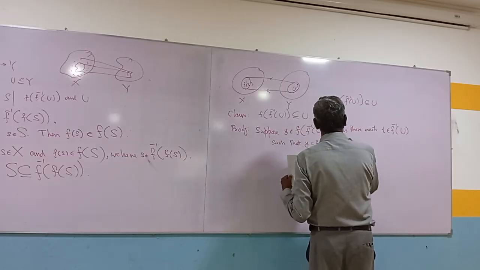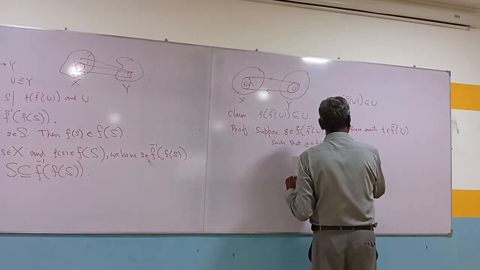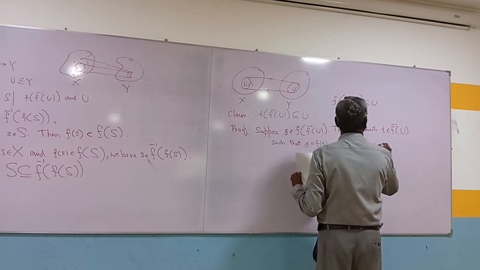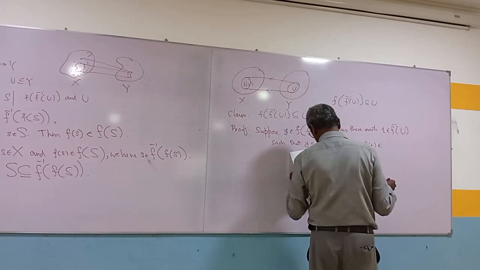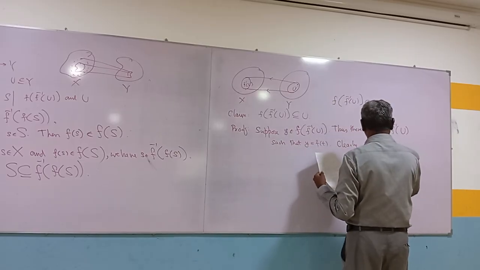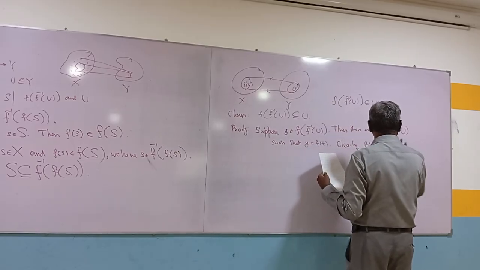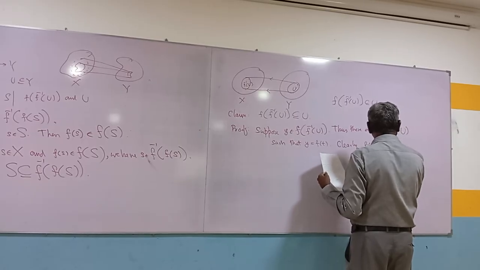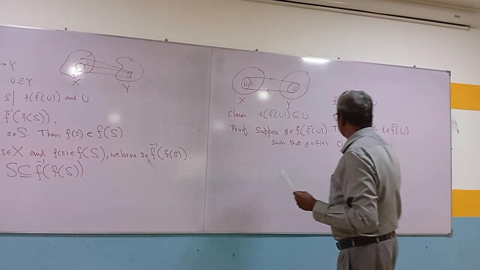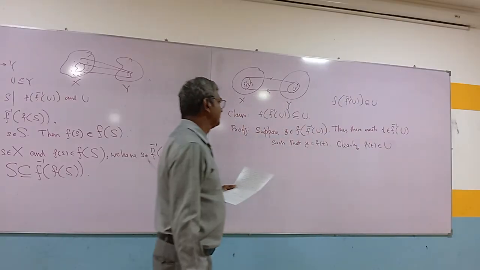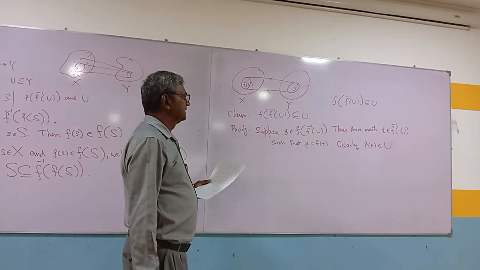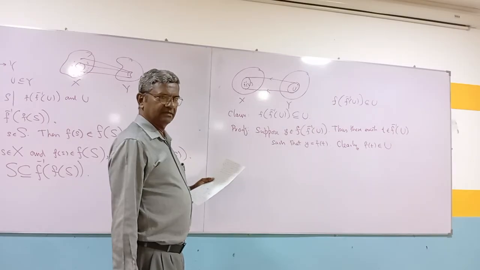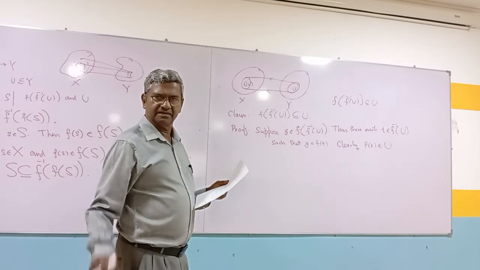Clearly, f(t) belongs to U. Why do I say f(t) belongs to U? I said clearly. What's the reason?